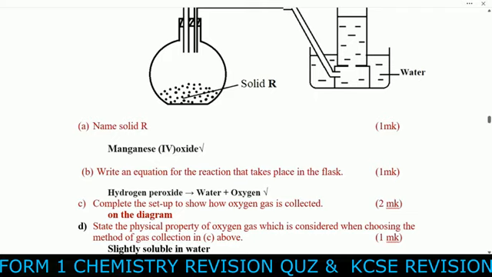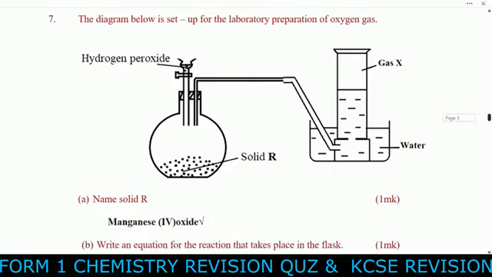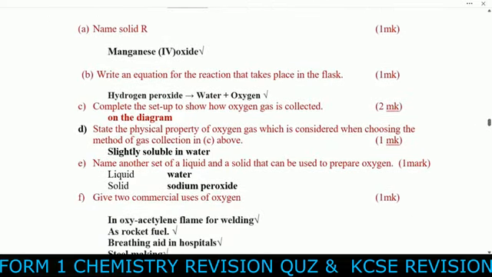You are told to write an equation for the reaction that takes place in the flask. Hydrogen peroxide gives water and oxygen. That's why you can see gas X being collected there.